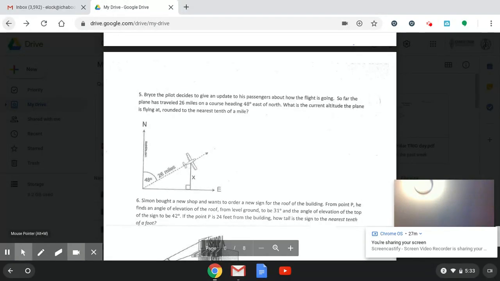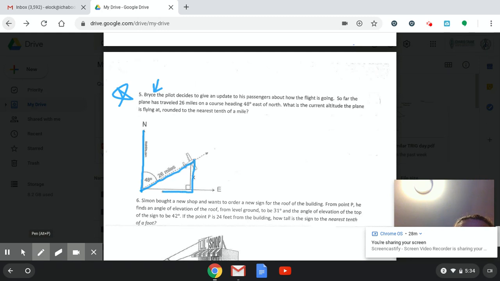Number 5, looking at that right triangle, and again, you would read the question, please. Bryce, the pilot, which I do have a friend, Bryce, who's a pilot, decides to give an update to his passengers as the flight's going. The plane has traveled 26 miles. So that's that diagonal distance out, and it's going 48 degrees north. Now, looking at the north, that angle 48 doesn't fall into the right triangle that they're doing over here.